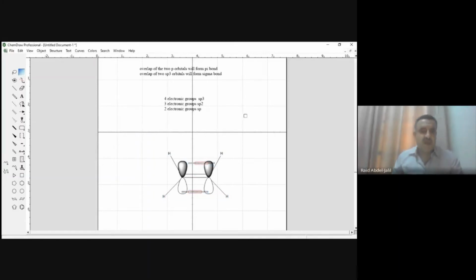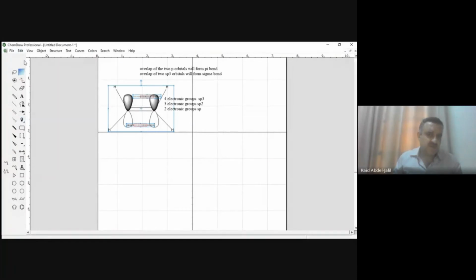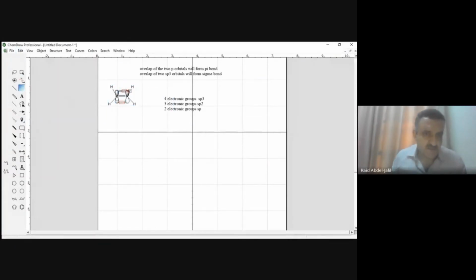All right. Now imagine that here, I'll just take this off. Now this sigma here between the two carbons, imagine it has been formed by the overlap of this orbital. I suppose I should make this the size from the beginning.